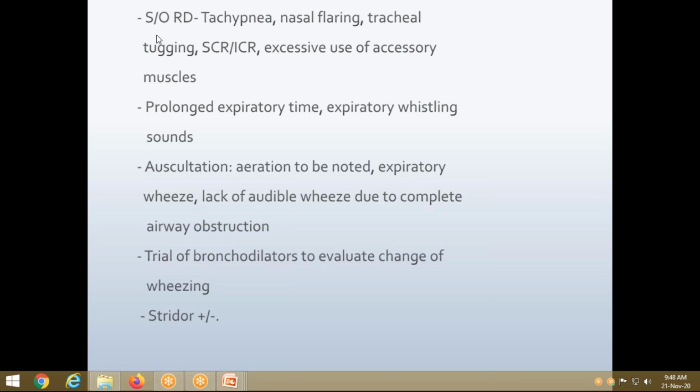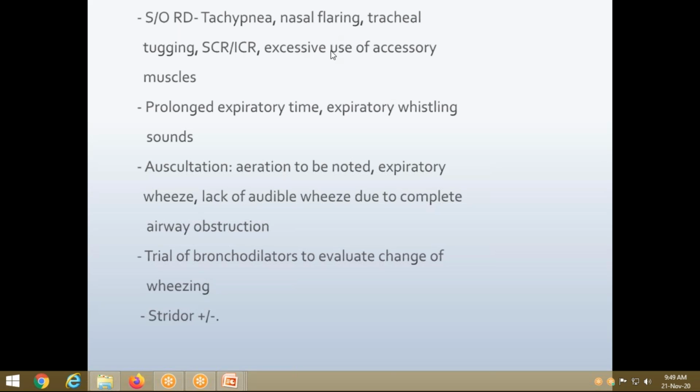Just anyone can speak out. Here, there are signs of respiratory distress: tachypnea, followed by... just someone read it out. Someone answered me, right? Someone read: nasal flaring, tracheal tugging.